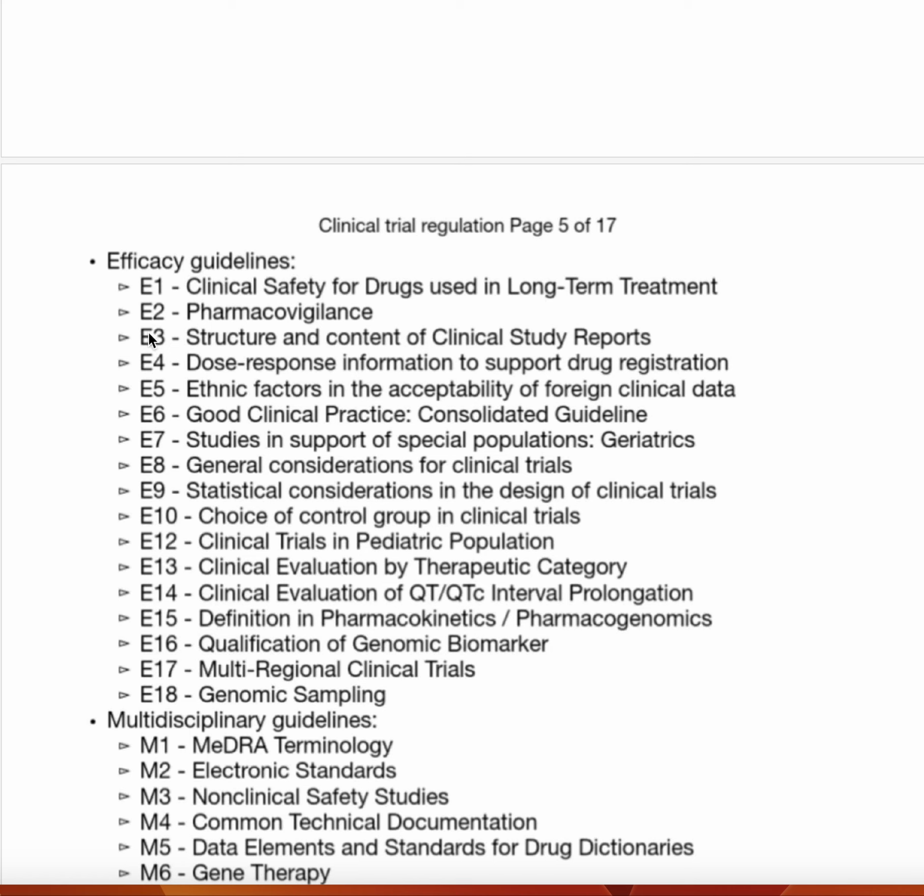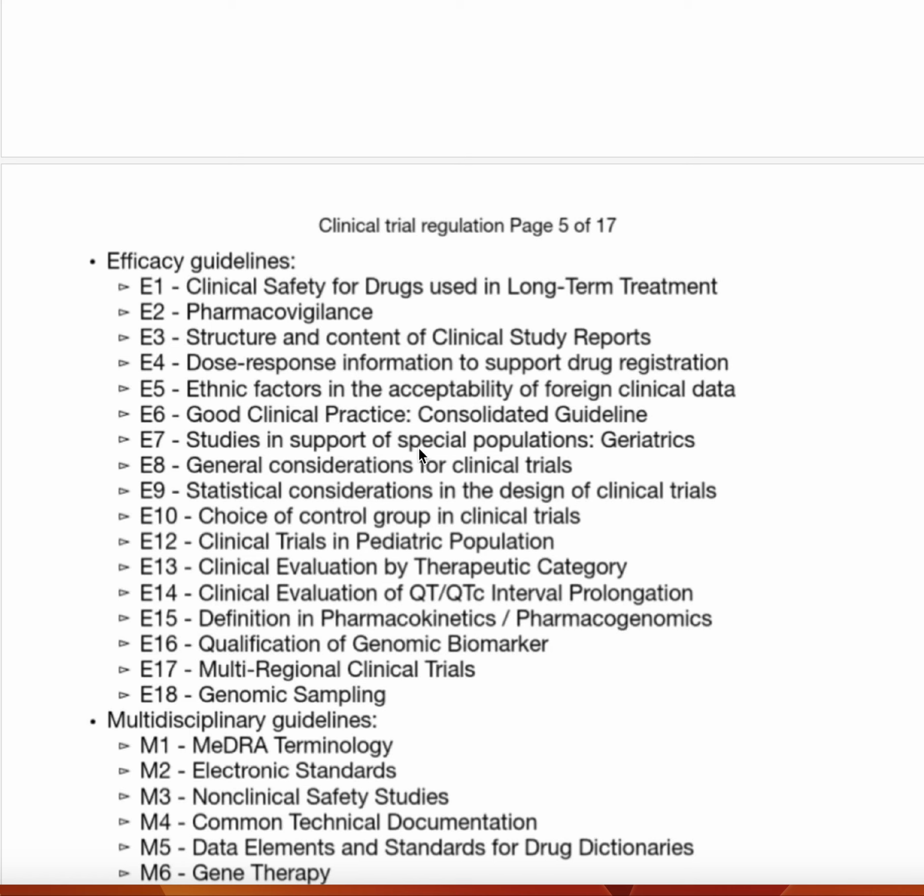E3 is structure and content of clinical study reports. E4 is dose response information to support drug registration. E5 is ethnic factors in the acceptability of foreign clinical data. E6, which is so important, is good clinical practice, consolidated guidelines.